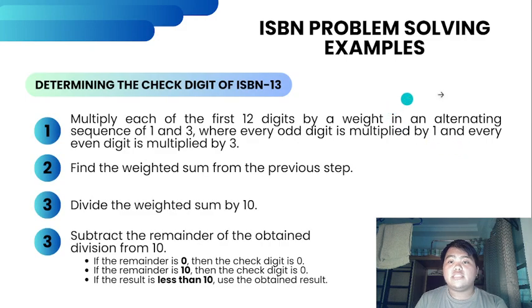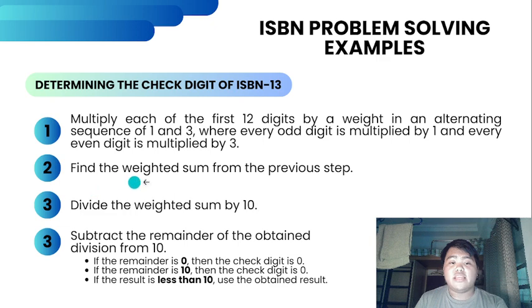Before we proceed to the example, let us also determine how to find the check digit of ISBN 13. The procedure is the same as for ISBN 10, but here, we multiply each of the first 12 digits by a weight in an alternating sequence of 1 and 3, where every odd digit is multiplied by 1 and every even digit is multiplied by 3.